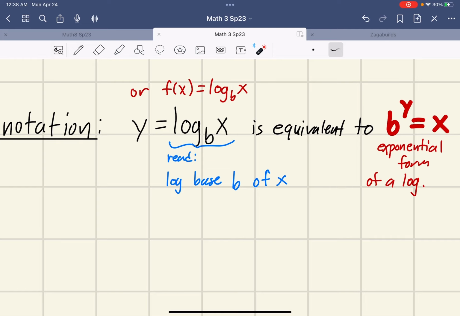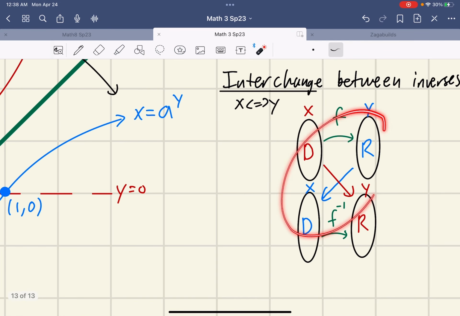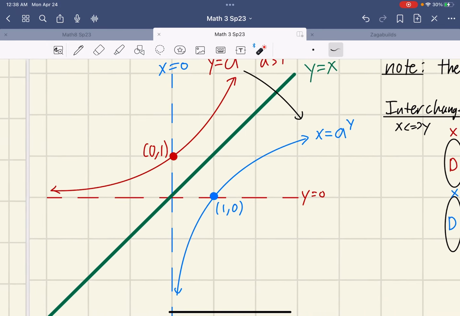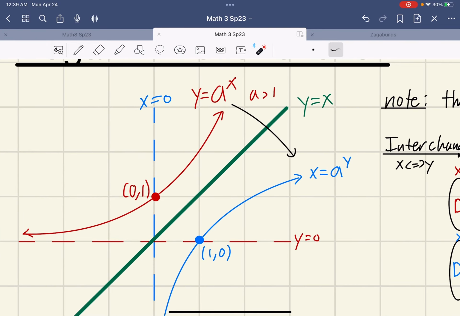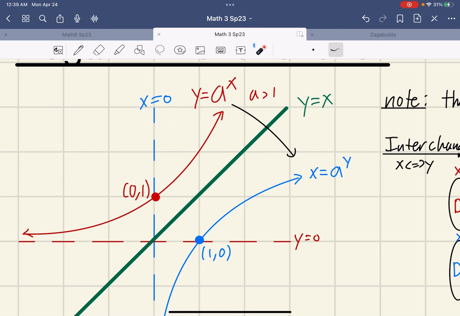Now, a couple things to point out, right? We are interchanging or changing. Our domain becomes our range, and our range becomes our domain. Now, if we look at the exponential function, we knew that it only existed above the x-axis. So when it came to talking about the range of an exponential, it was anything from 0 above.